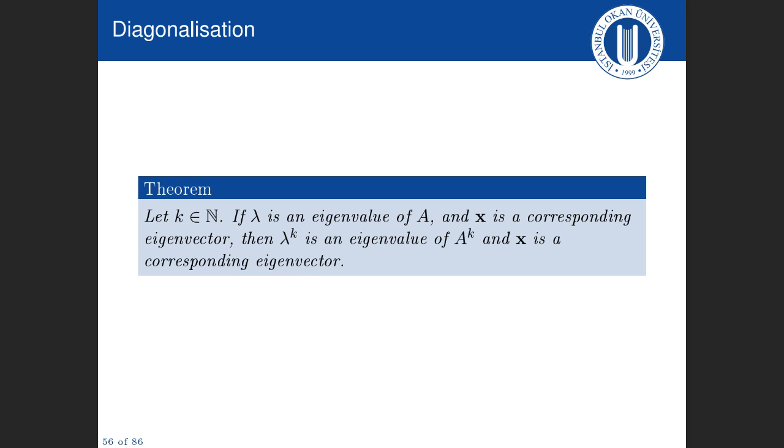If lambda is an eigenvalue of A, and x is a corresponding eigenvector, then if we want to find the eigenvalues of A^k, we do lambda to the power k, but x stays the same. Lambda to the power k is an eigenvalue of A^k with corresponding eigenvector x.